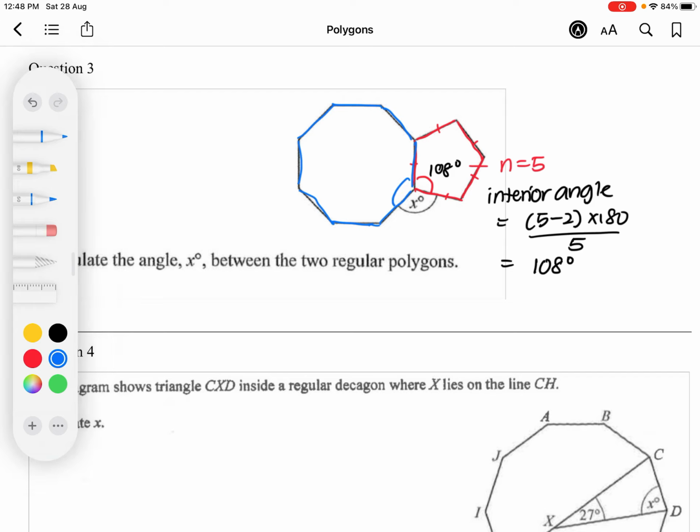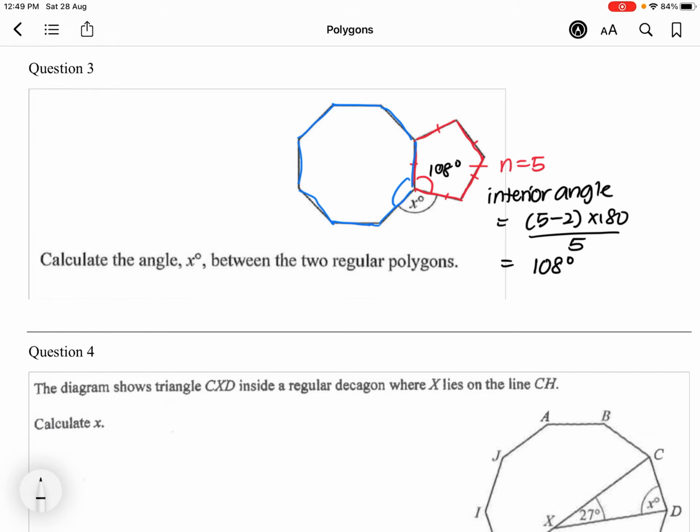So this is actually an octagon. So to find the interior angle of that polygon, that will be 8 minus 2 times 180 divided by 8. And that gives me an angle of 135 degrees.